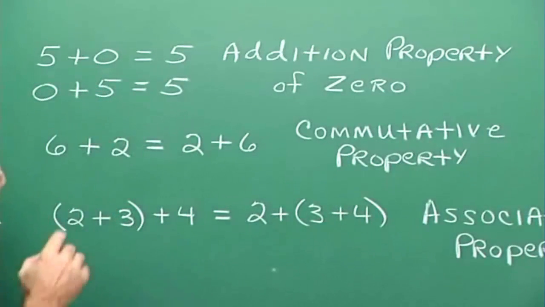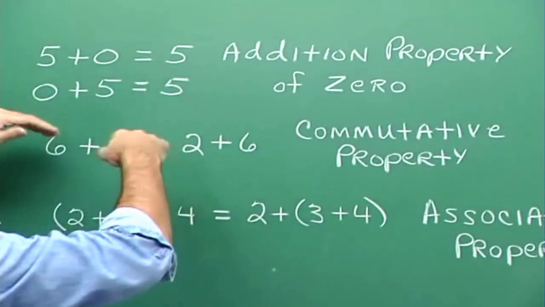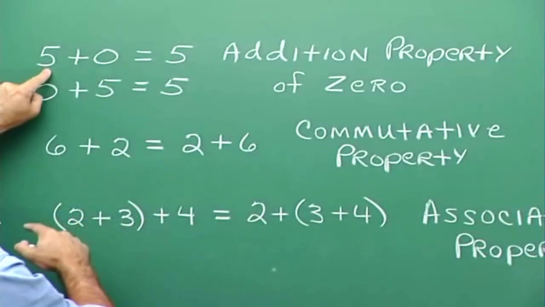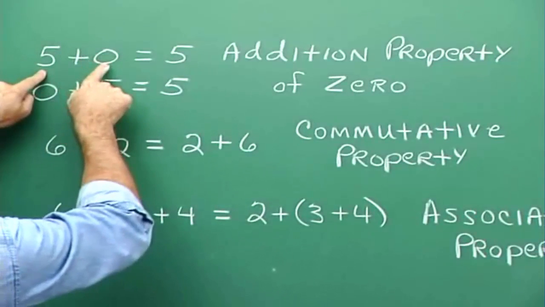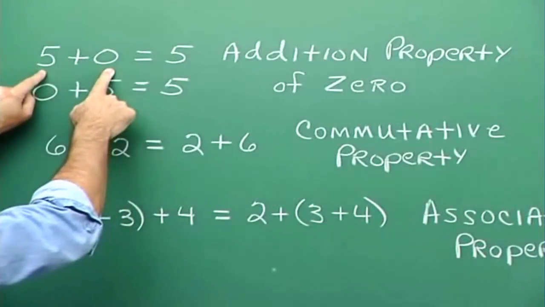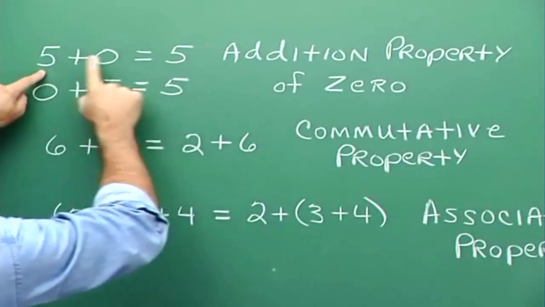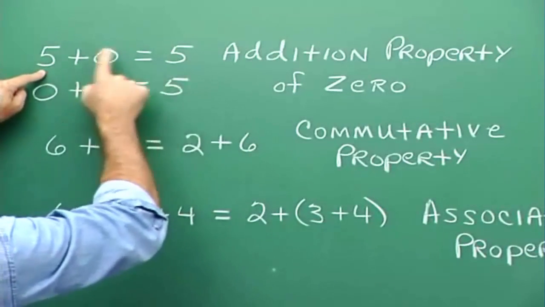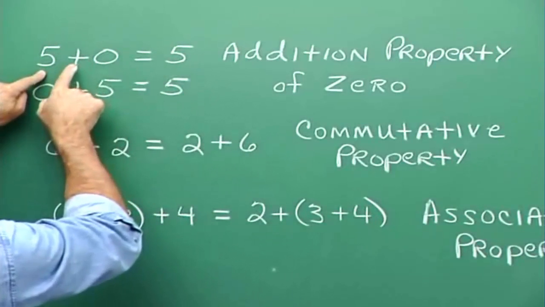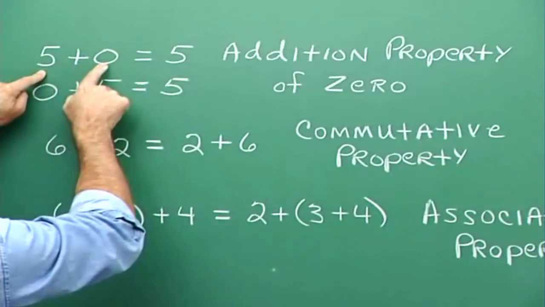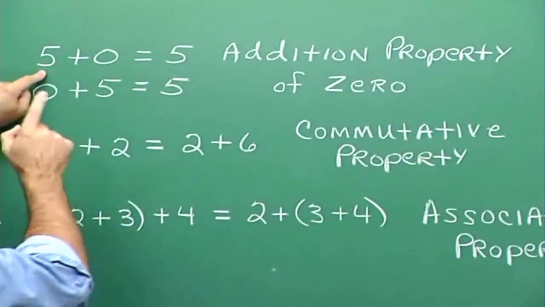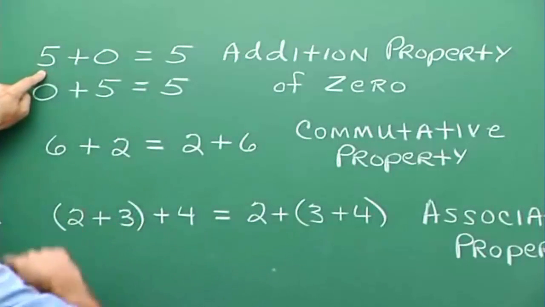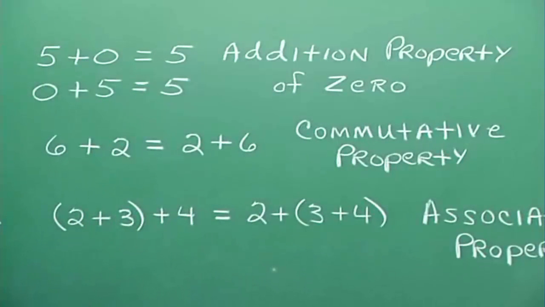And it's called that because we're maintaining the identity of this addend when we use 0 as the other addend, you see. The sum here is 5. So we've maintained the identity of this addend when we perform this operation using 0 as the other addend. So the identity element. But we'll call it the addition property of 0.